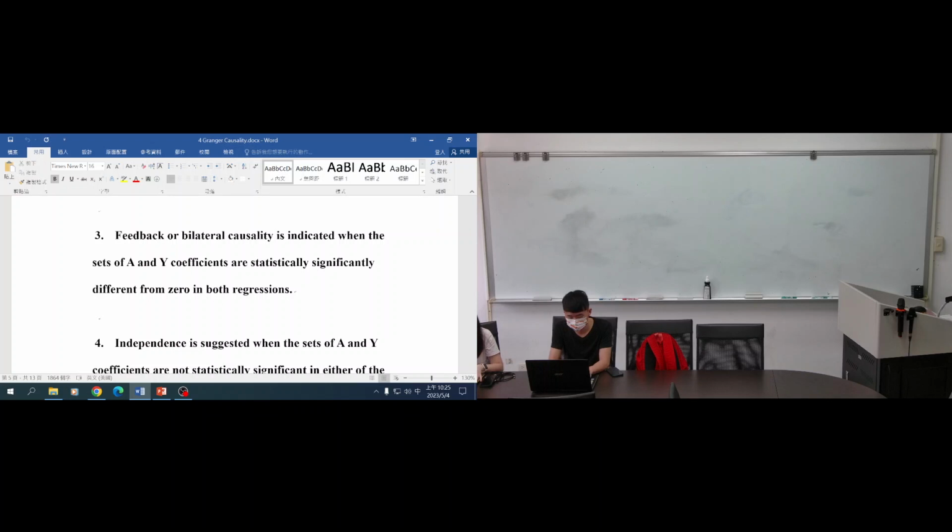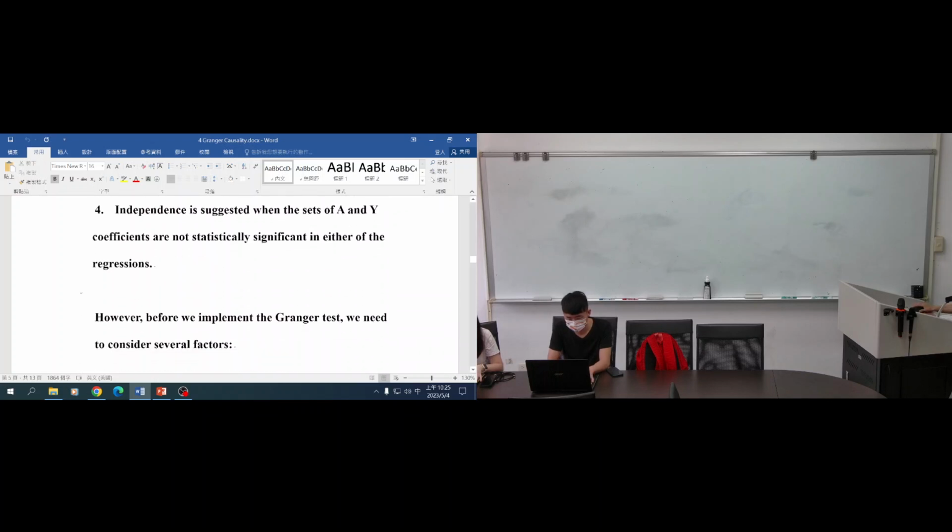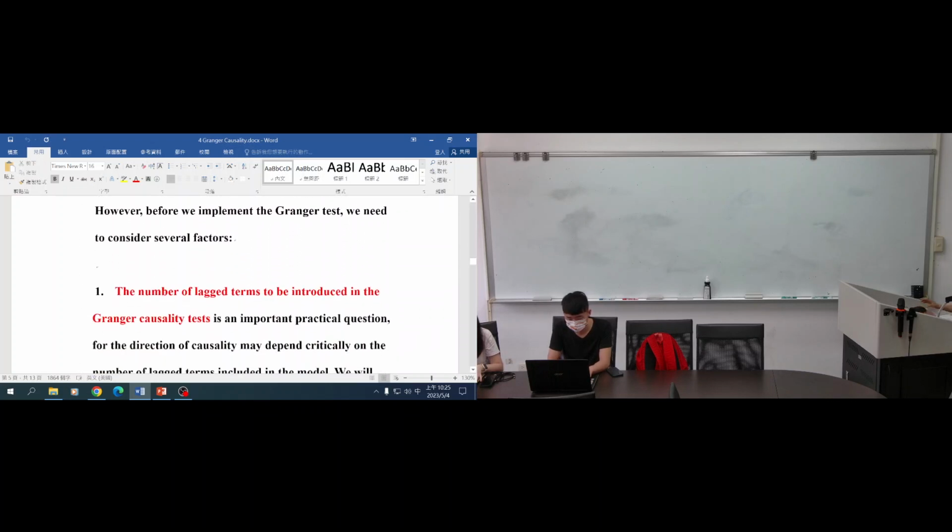And remember, if we implement this Granger test, we need to consider several things. You cannot just go and do the hypothesis test for regressions 12.20 and 12.21.